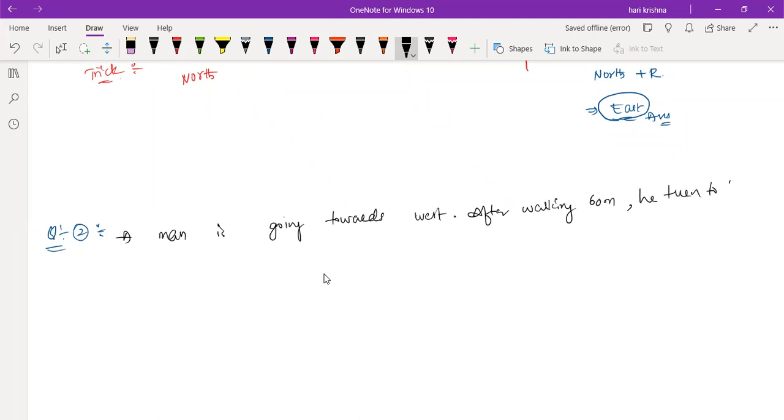He turns to his right and walks 40 meters again. He turns to his right and walks 60 meters.